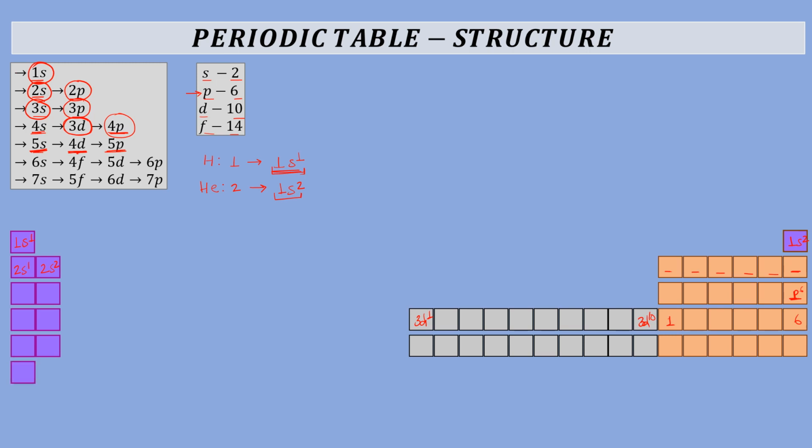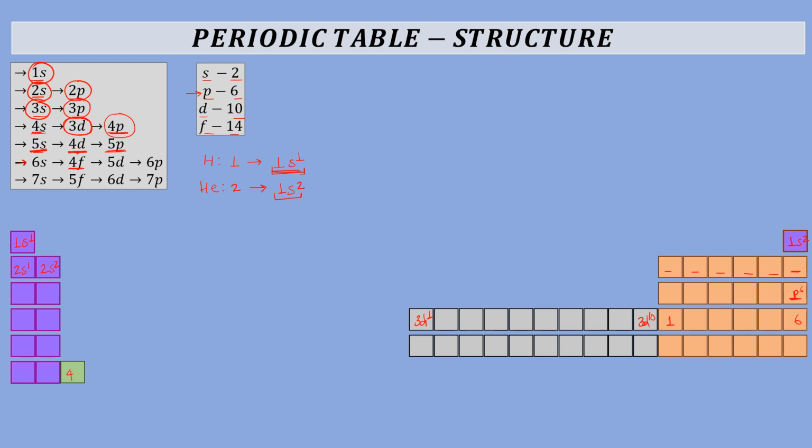And now we will move ahead and start filling the sixth row, that is 6s1, 6s2, and now we will again check that the next subshell in the order of increasing energy level is 4f.